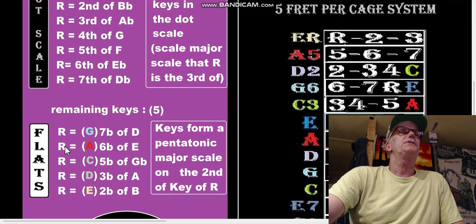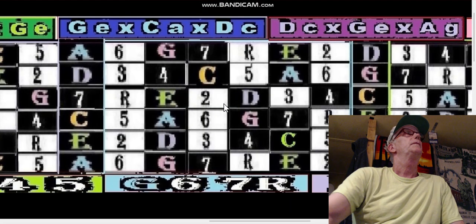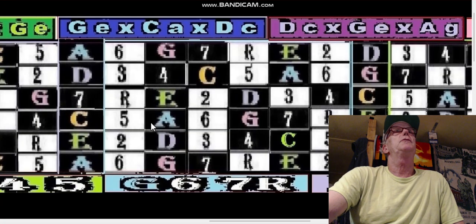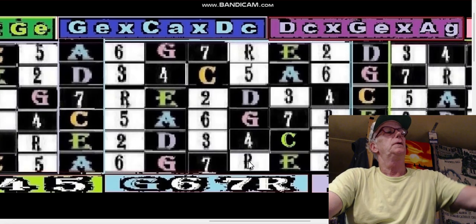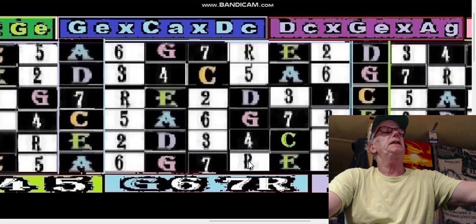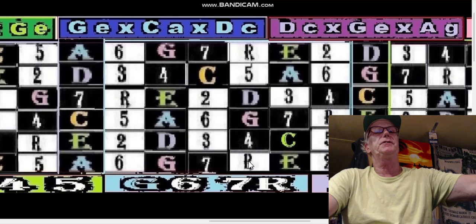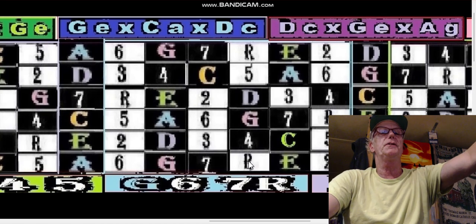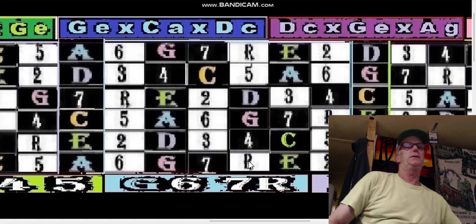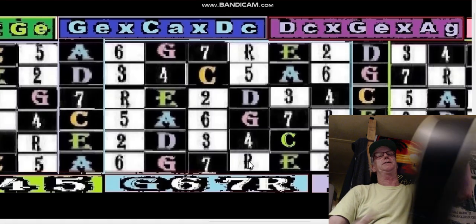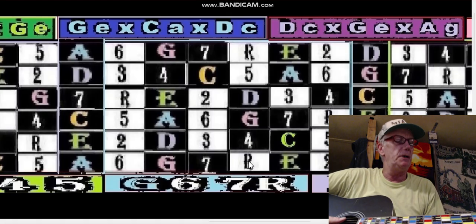If root is C, it's the flatted sixth, not second, of E. Okay, so we say that root is the flatted sixth of E. All right? So if we want to play in the key of E, we simply go to the C sharp, and we're on the sixth. There. We don't have to play the C, you just play the C above it.